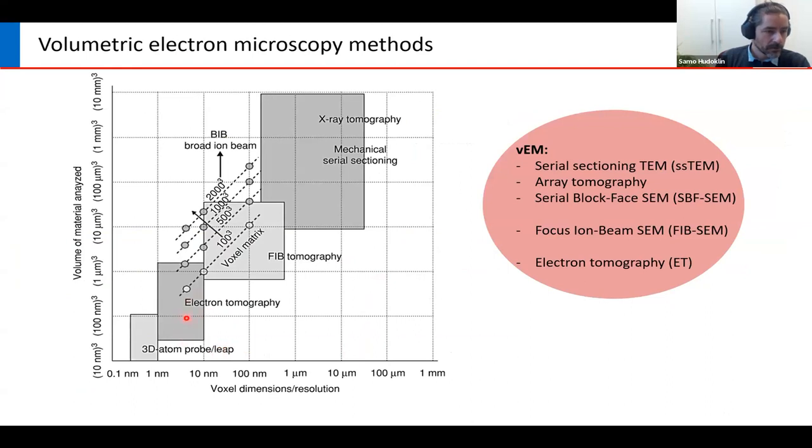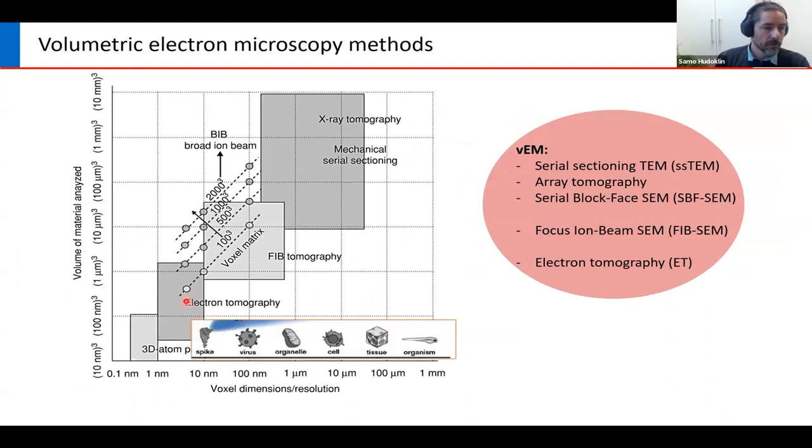Electron tomography is used for the most precise work when you have smaller volumes but good resolution. Voxel size is the smallest with electron tomography. Focused ion beam methods give you an intermediate voxel size, but you can also have larger volumes of your sample analyzed in a reasonable time.